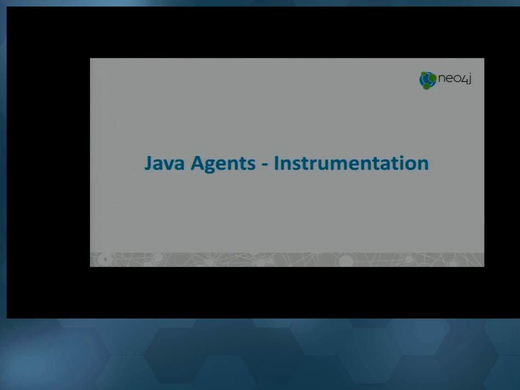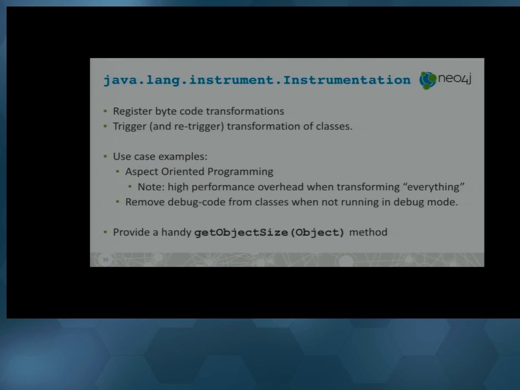There's another interesting API that's available in every JVM. This is a public API called instrumentation, java.lang.instrument. This is an API used by Java agents. It's typically used for things like registering bytecode transformers, which I'm sure people have interesting use cases for. I've never really had a good use case for transforming bytecode in a running system.